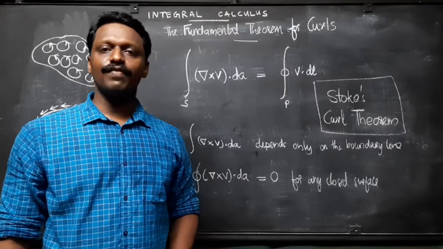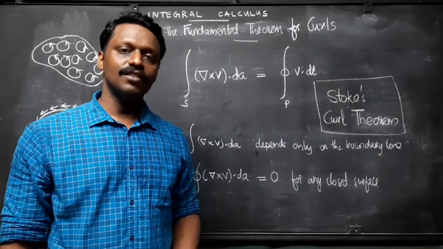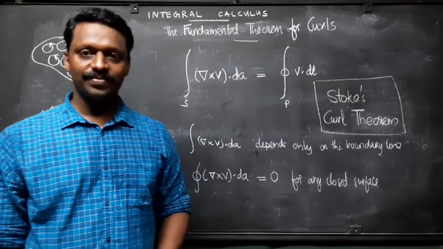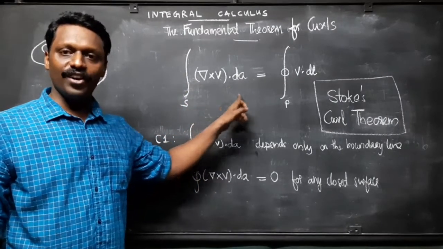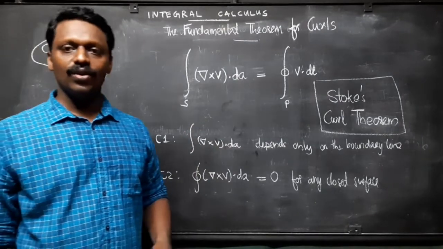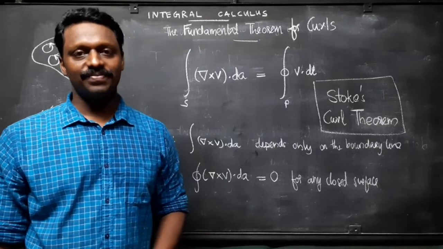The fundamental theorem for curls, which goes by the special name of Stokes' theorem, states that the surface integral of del cross V dot dA is equal to the integral of V dot dl over a closed path.